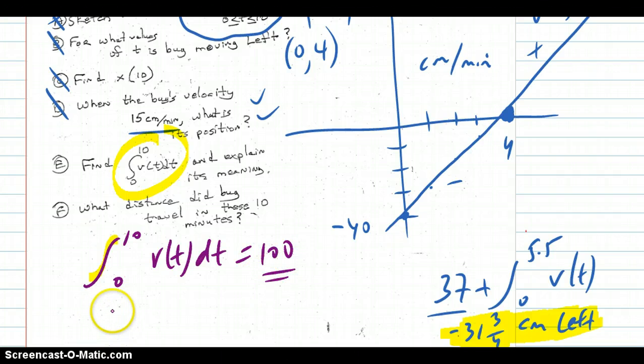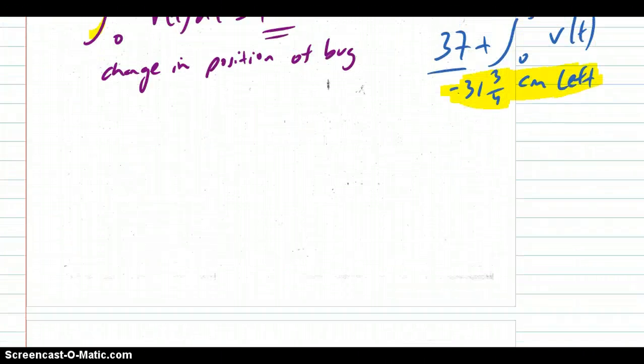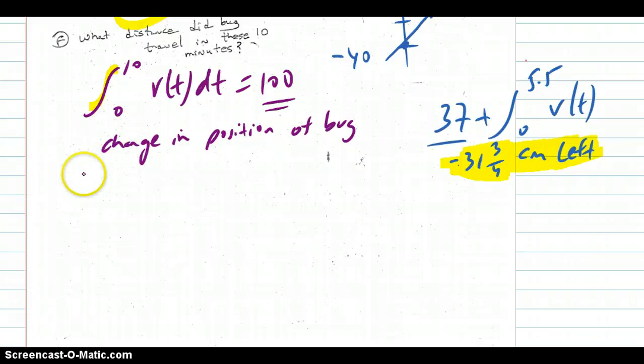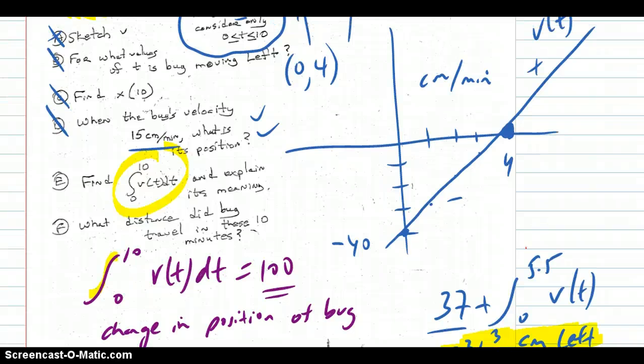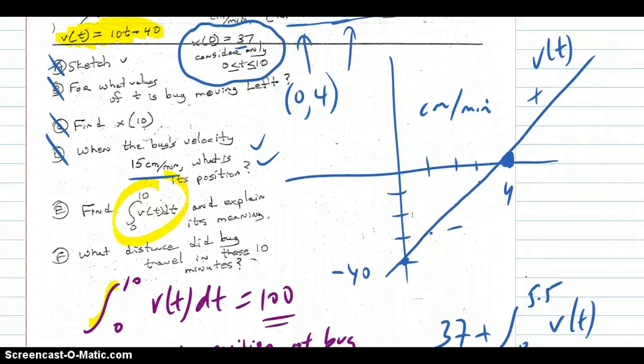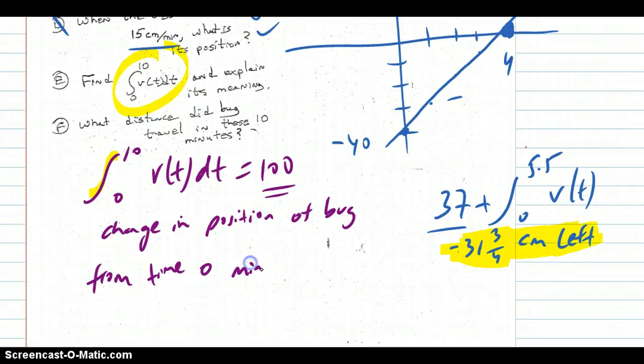So that means the change in position of the bug. So we need to talk about, sorry about that, the change in position of the bug from time 0 minutes to 10 minutes.